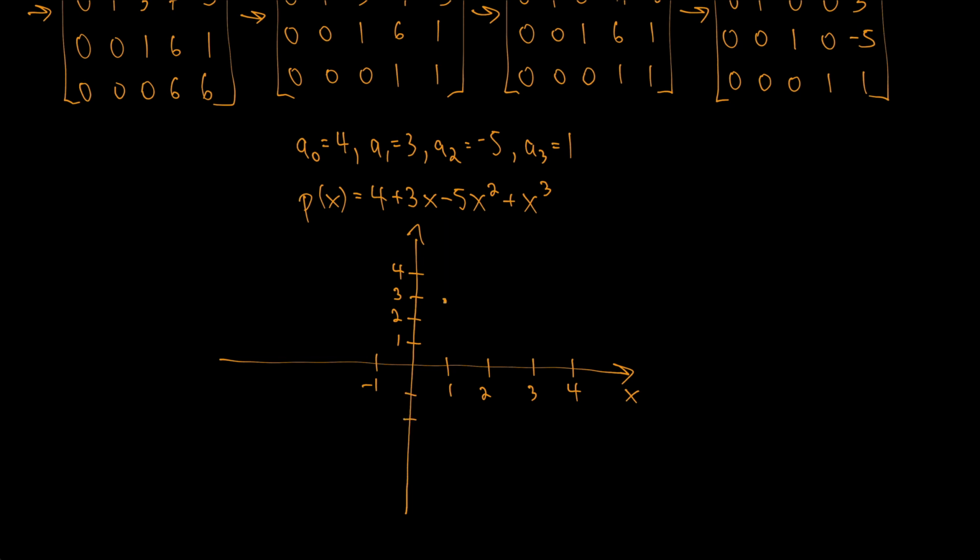Do negative 1, negative 2, negative 3, negative 4, negative 5. So here's a point. Here's my next point. Next point. Last point. And I need a nice cubic polynomial that cuts through these guys. Looks something like this. Pretty cool.